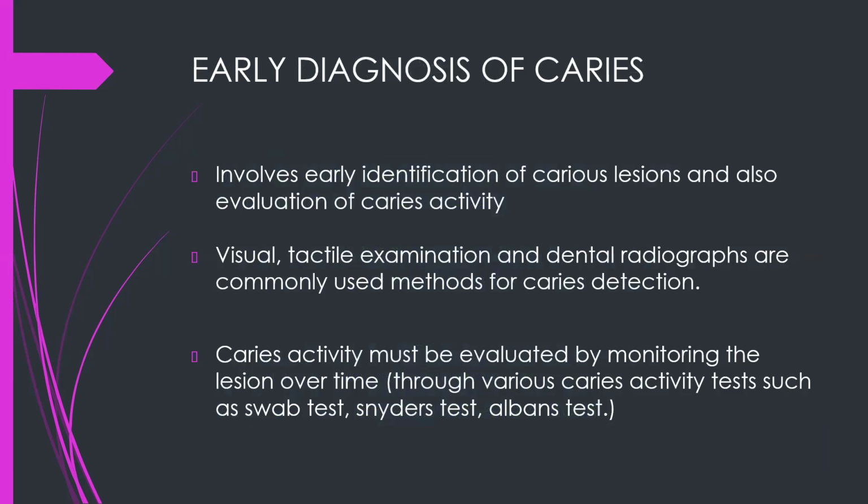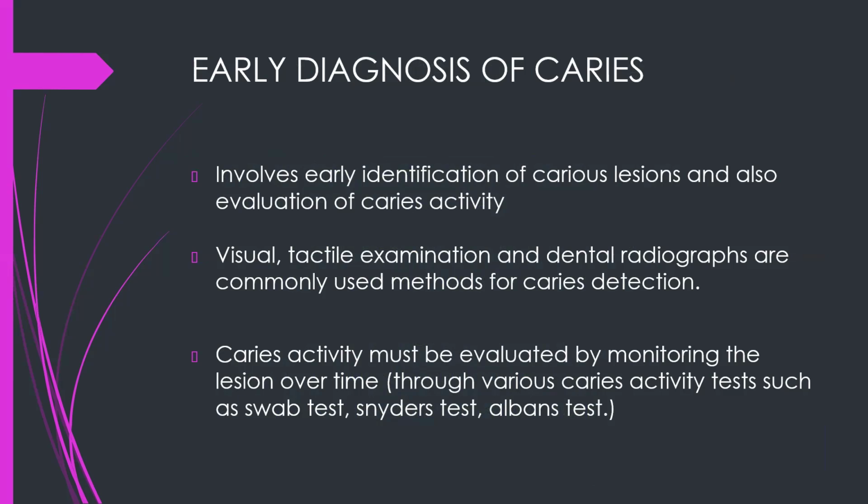Here there is early detection of carious lesions. Visual, tactile, and dental radiographs are the commonly used methods. It also involves monitoring the caries activity in a patient whom you suspect. This has to be done at the appointment as well as over time.